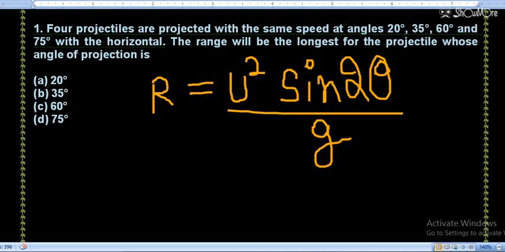And if you have seen the sine graph, the sine curve will be like this one.